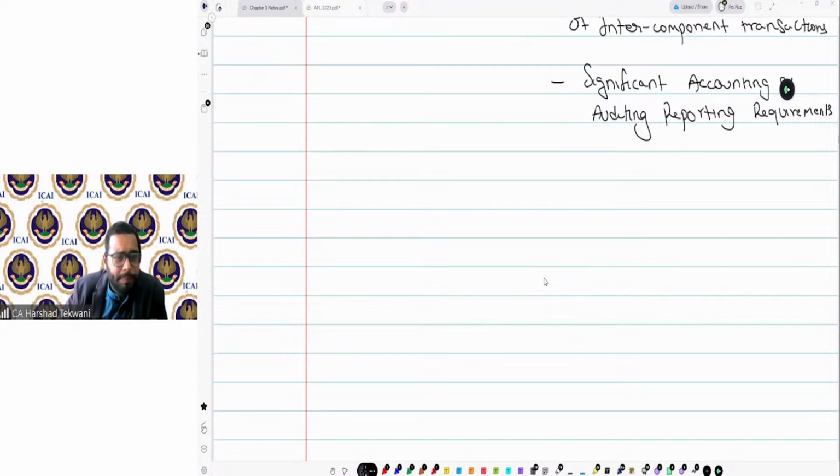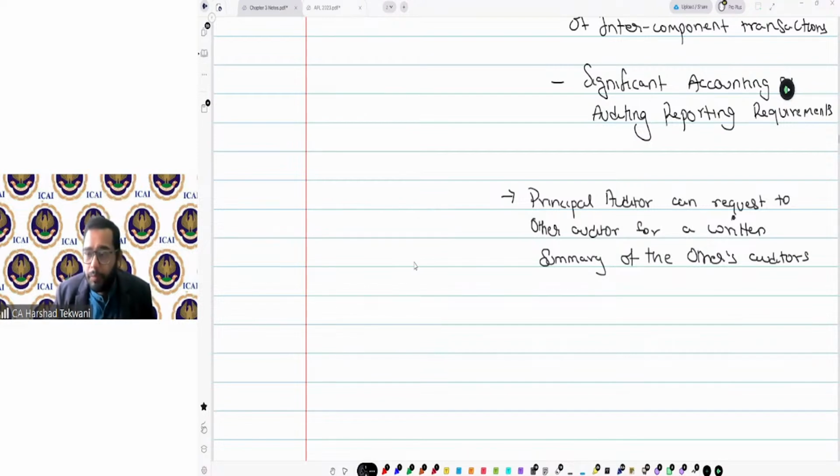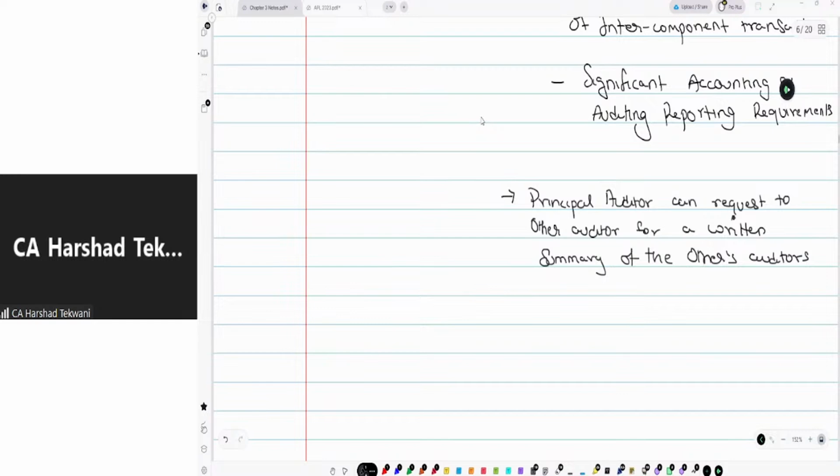Over and above that, the principal auditor can request the other auditor for a written summary of the other auditor's procedures and findings.